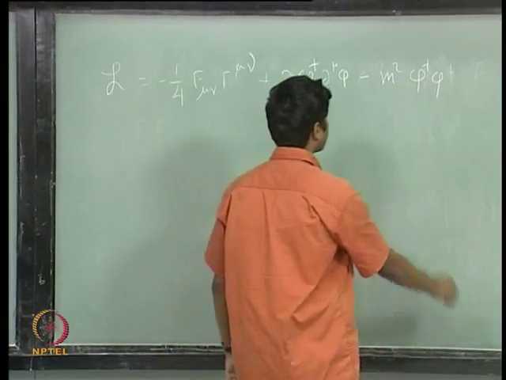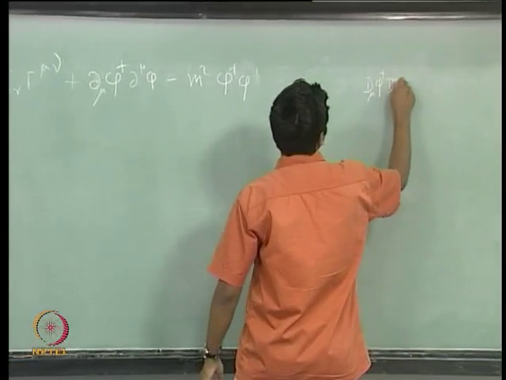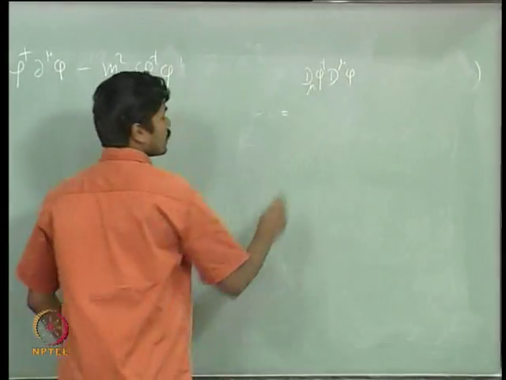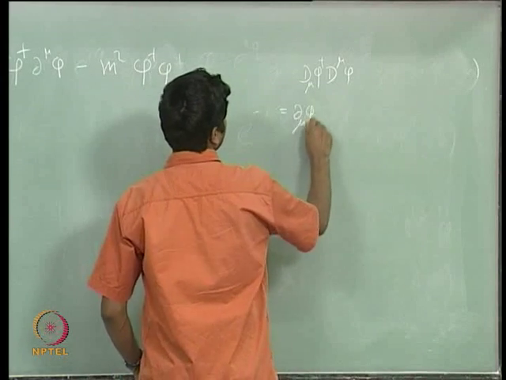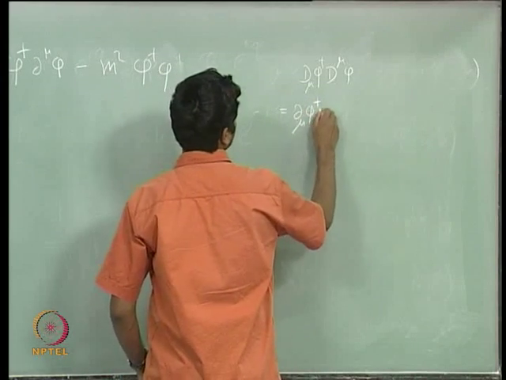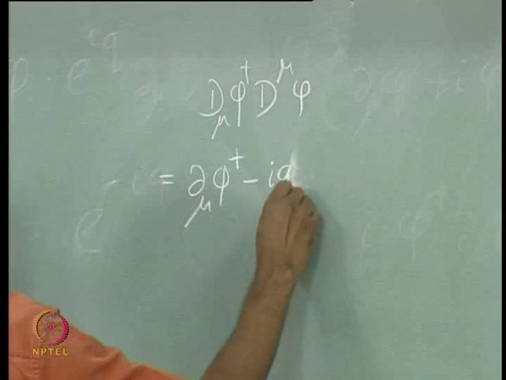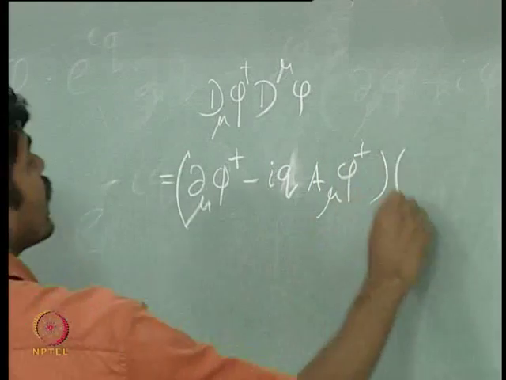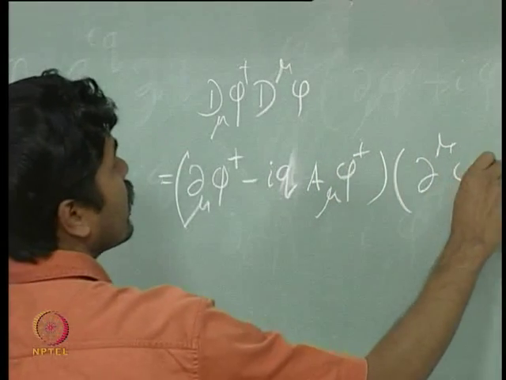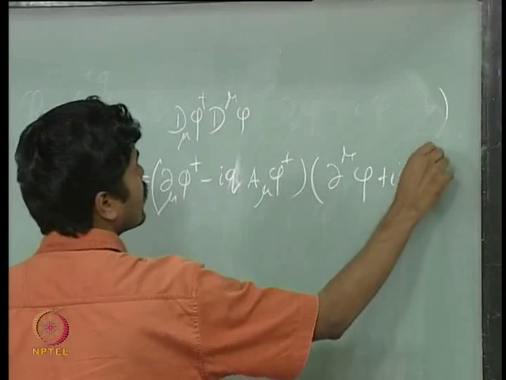If you look at this D_μ φ† D^μ φ, then this is (∂_μ φ† minus i q A_μ φ†) and (∂^μ φ plus i q A^μ φ).